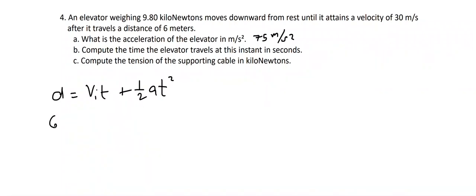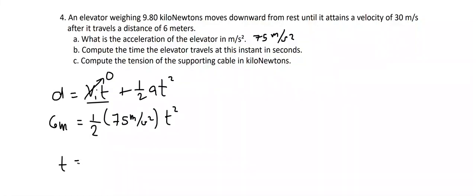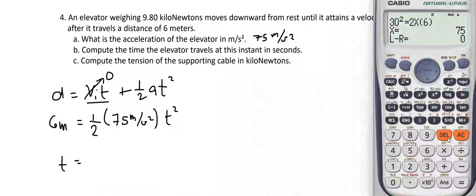We have d equal to 6 meters equal to the initial velocity of 0, so this first expression is just 0, plus 1/2 times the acceleration of 75 meters per second squared, which we solved a while ago, multiplied by time raised to the power of 2. We can solve for t, that is 6 equals 1/2 times 75 times t squared. We get t equals 0.4 seconds.